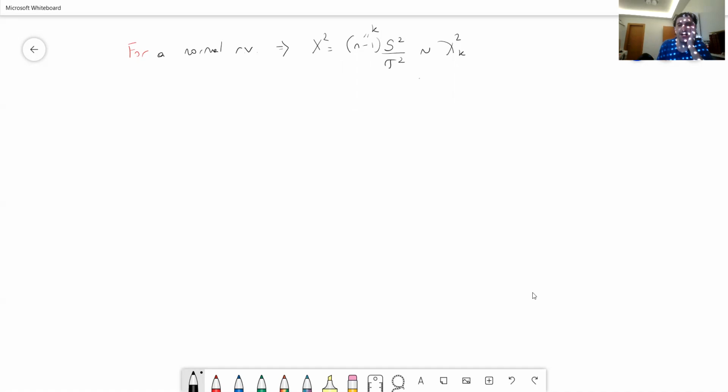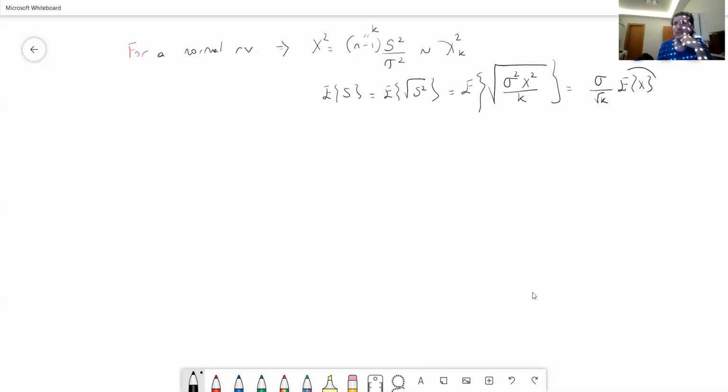Using this expression, we are going to find expected value of S. And how are we going to find this expression? Note that S is going to be equal to the square root of sigma square x square over k. And this is going to be simply equal to sigma over square root of k times x.